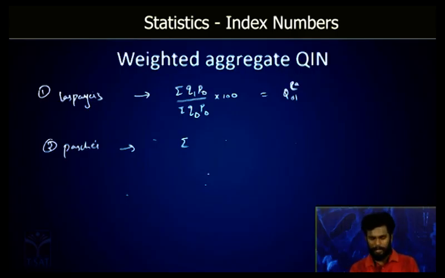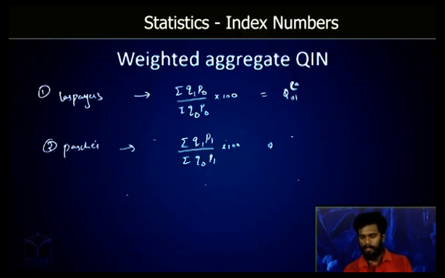For Paasche the formula is given by summation Q1 P1 by summation Q0 P1 into 100. Here we are taking the weights of prices in the current year. It is denoted by Q01 PA.